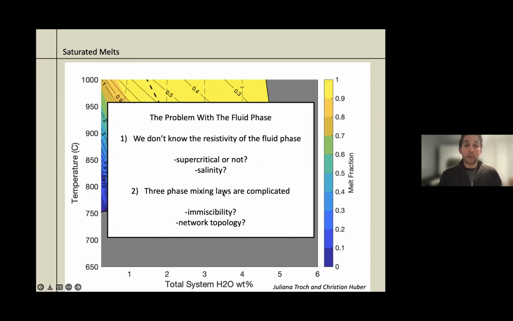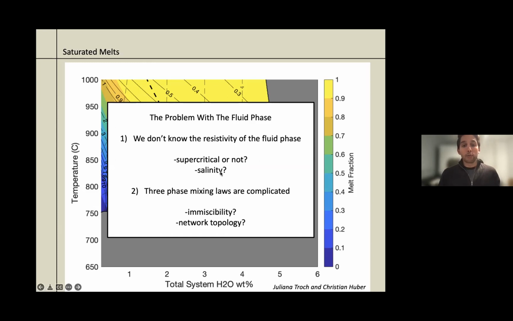We also don't really know anything about the salinity of the third fluid phase. A lot of the melts program gives you the free fluid phase, but it assumes that it's basically pure water with no interaction with the crystals. There's no dissolved ions in the fluid phase at all, so we can't really characterize the salinity.